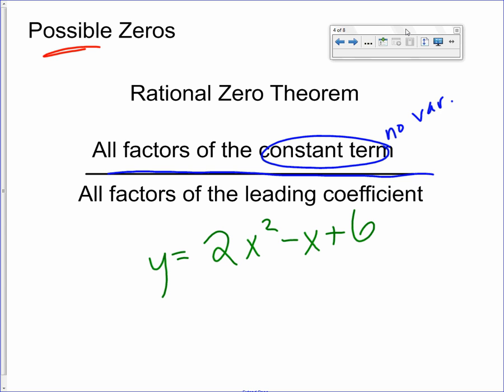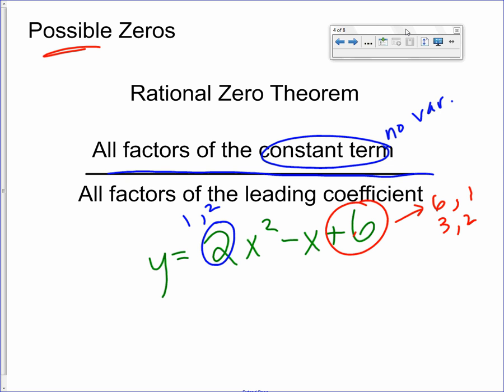So the constant term here is 6. What are the factors of 6? They are 6 and 1, 3 and 2. 6 times 1 is 6, 3 times 2 is 6. And then we're also going to look at our leading coefficient, which is 2. And the factors of 2 are 1 and 2.